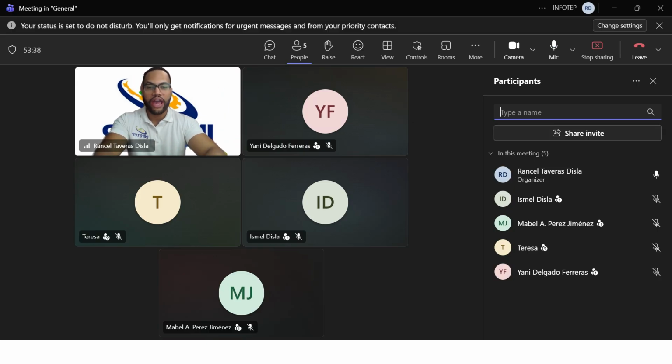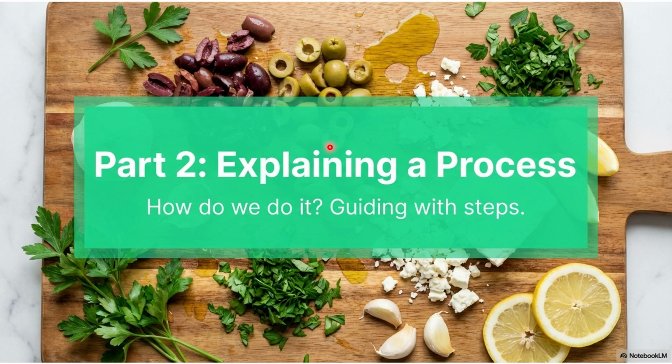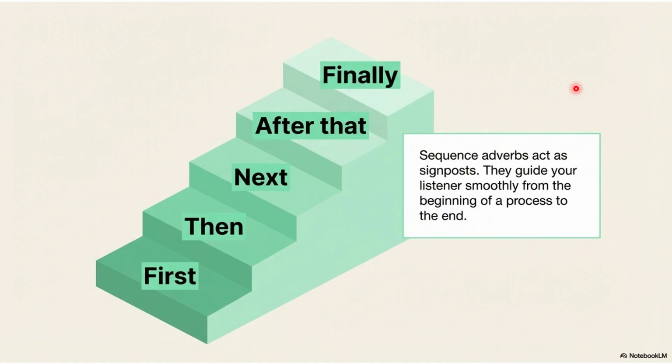Next, you have to wait for the laptop to come up. And then you have to continue the other steps. So we use the sequence adverbs to show exactly how you are going to perform an action. Okay? Simple.